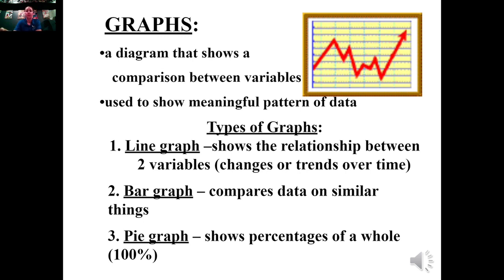Bar graphs, we will use these quite often. This allows us to compare categories of data, and you can have a single bar graph, a double bar graph, or a triple bar graph, just like you would with line graphs. You can have a double line graph, triple line graph. And then our pie graph is where we're showing the pie at 100%, and we can show percentages of different categories as a whole. It will always equal 100% though.